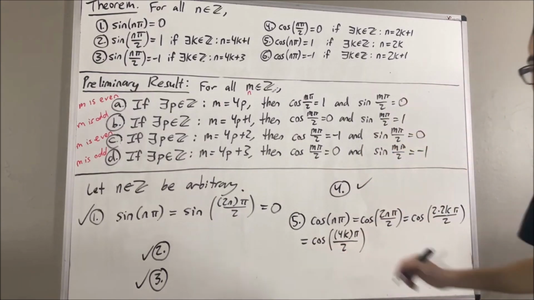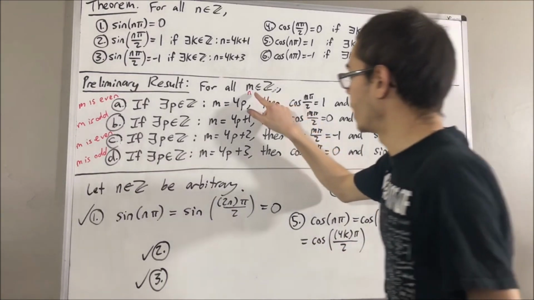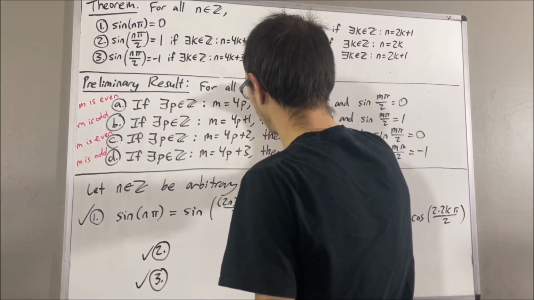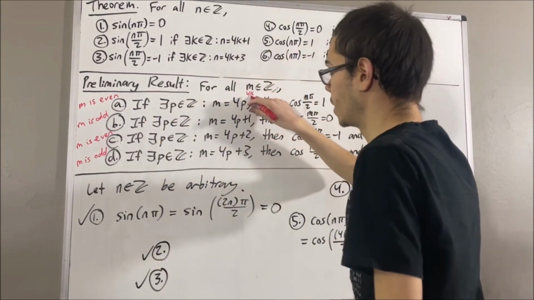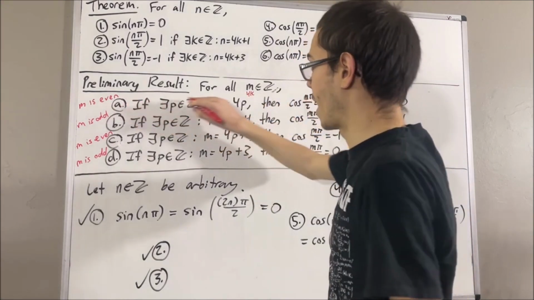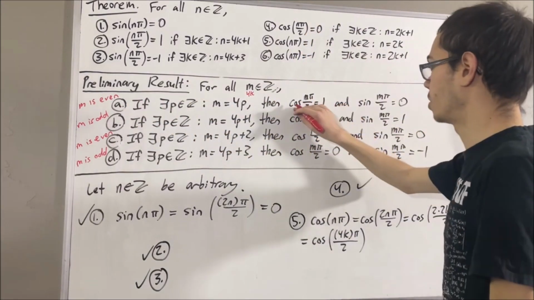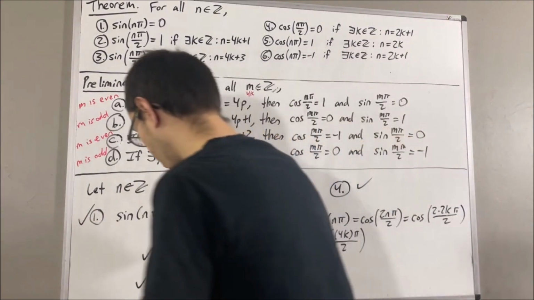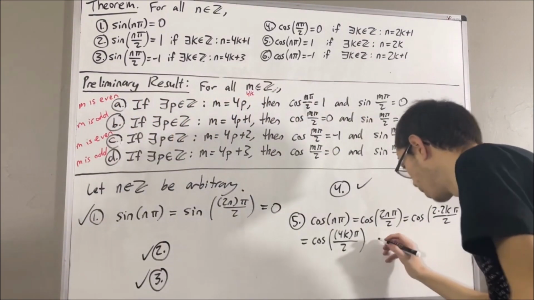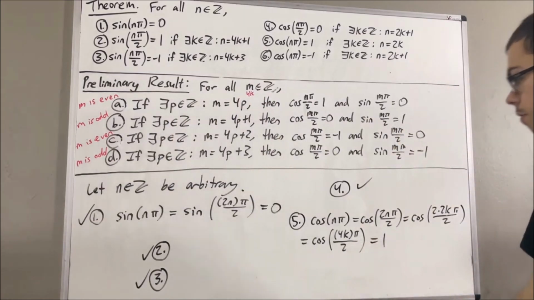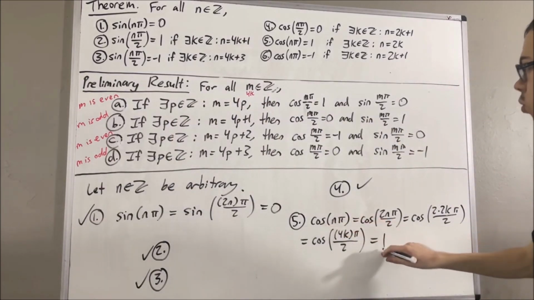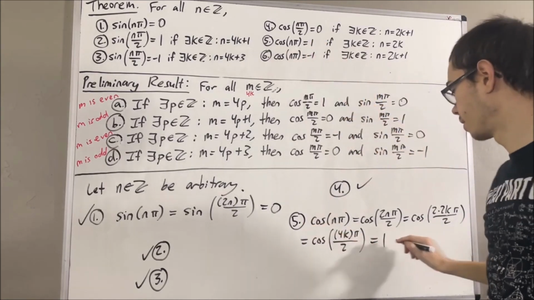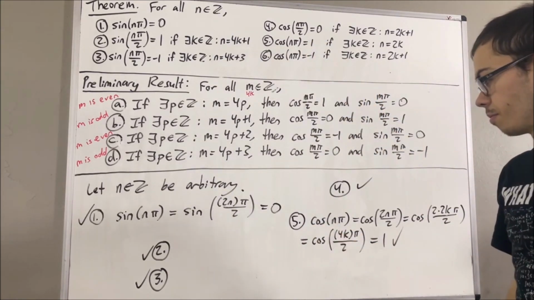So we get this. And now we take m to be 4k. Well, 4k is going to fall under case A. And we see that cosine of 4k pi over 2 is equal to 1. So this guy is equal to 1. So we have shown that cosine of n pi is equal to 1, which is exactly what we want. So we have shown that number 5 is true.